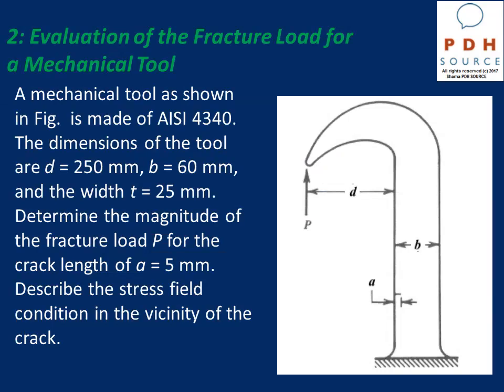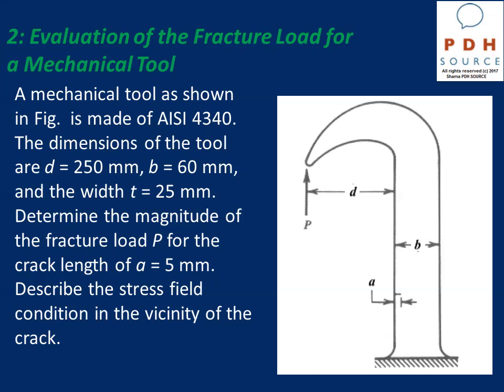The second one is evaluation of the fracture load for a mechanical tool. This is our mechanical tool. The dimensions are given: this dimension D is 250 millimeter, B here is 60 millimeter, and the thickness of the tool is 25 millimeter.